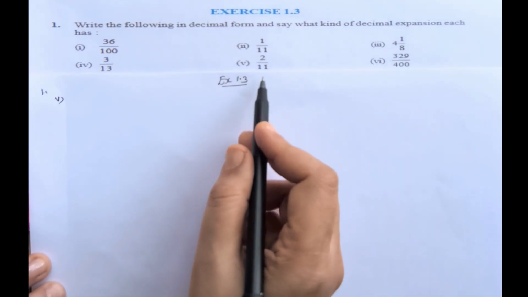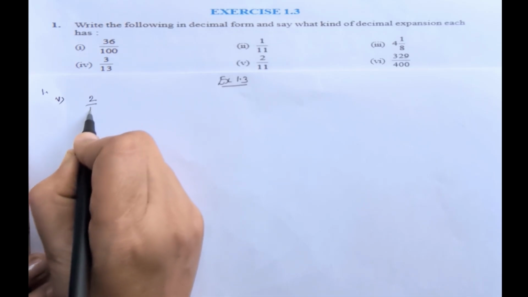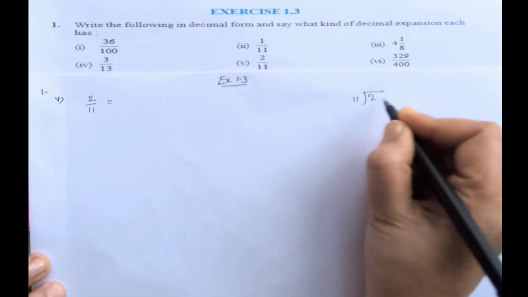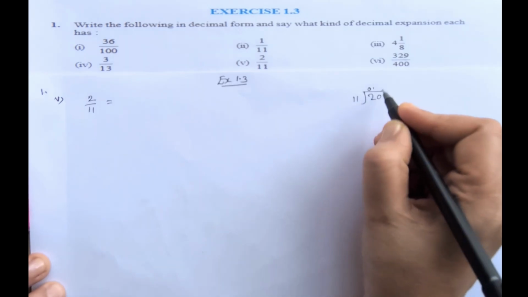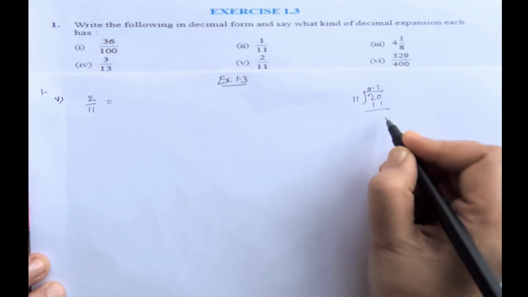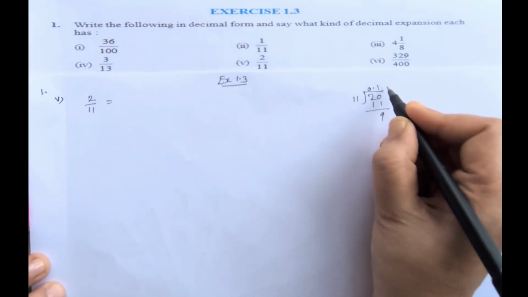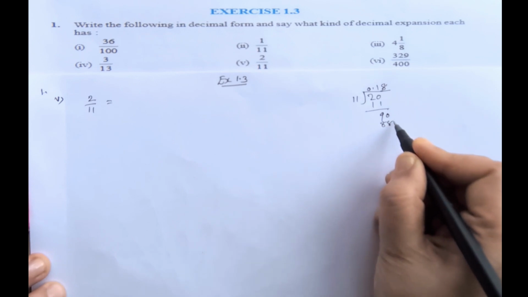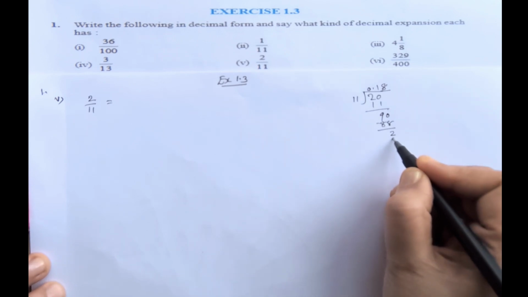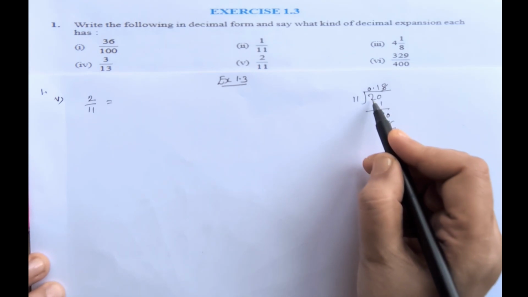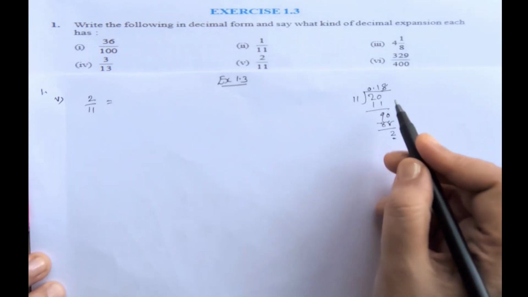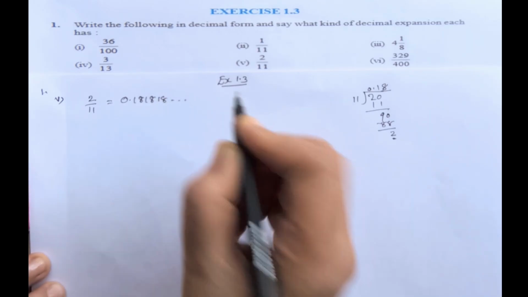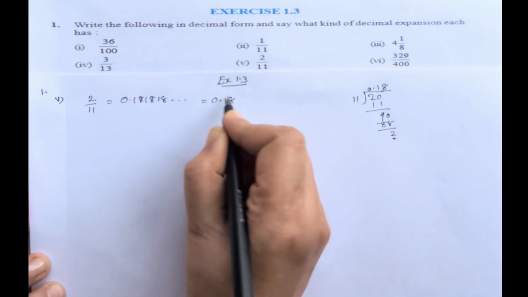First question, fifth one, 2 by 11. When we are dividing 2 by 11, 0 point, adding 0, 2 1s are 11, then 9 is the remainder, then 9 8 times, 88, remainder is 2. So the remainder is again repeating. 2 was the beginning and that is repeating. That means the answer will come 0.181818, etc. We can write that as 0.18 bar.